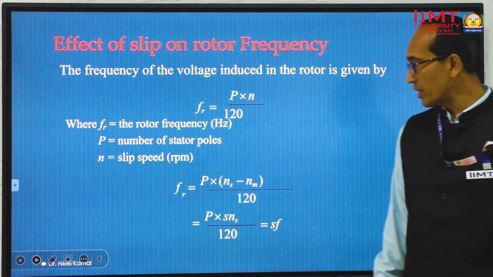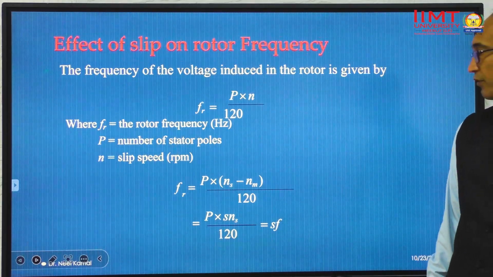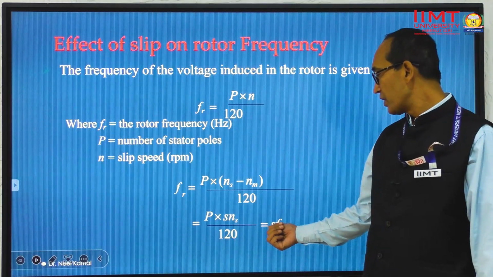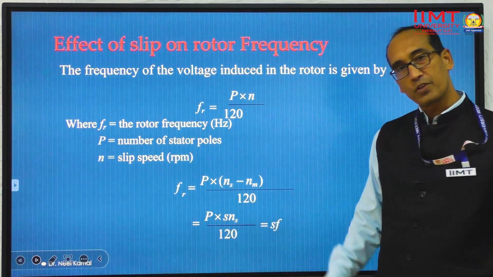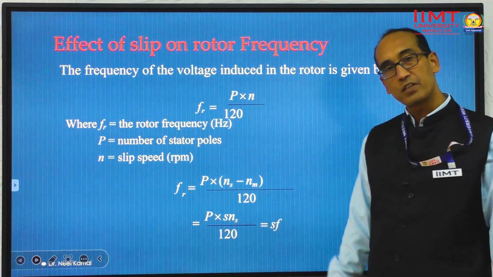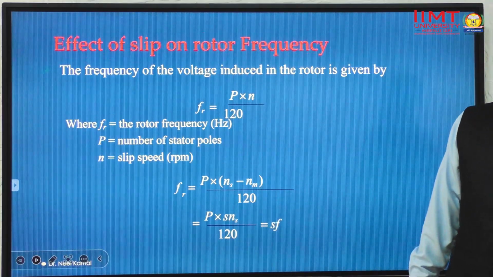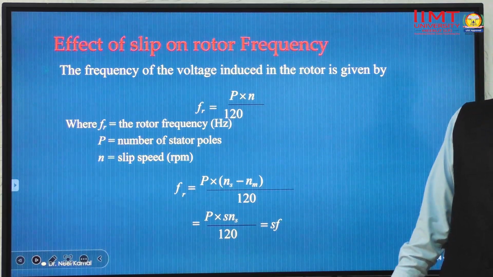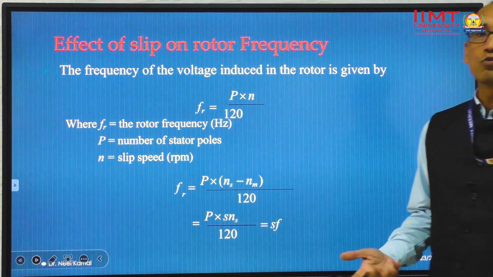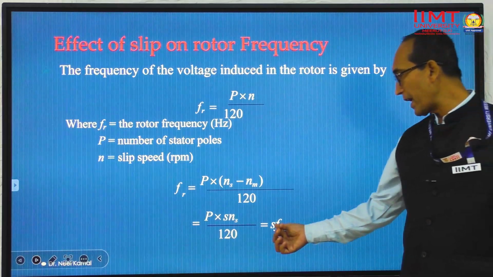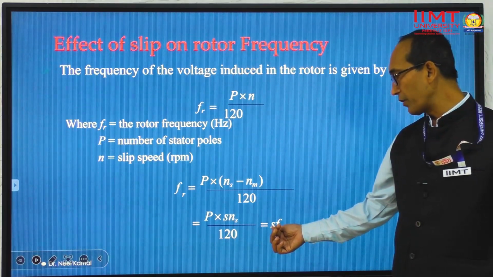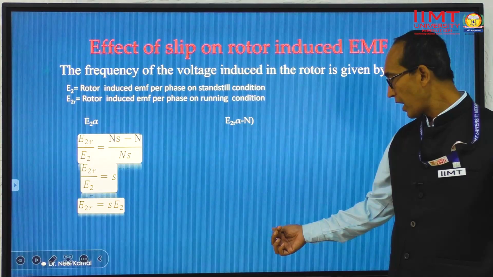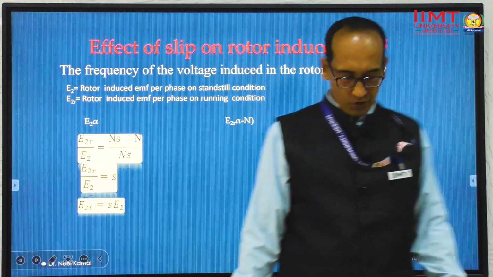So what will be the rotor frequency? Rotor frequency will be S multiplied by 50. What will be the range of rotor frequency? Rotor frequency will have the range 0.5 Hertz to 2 Hertz.